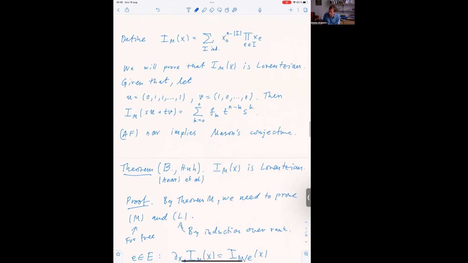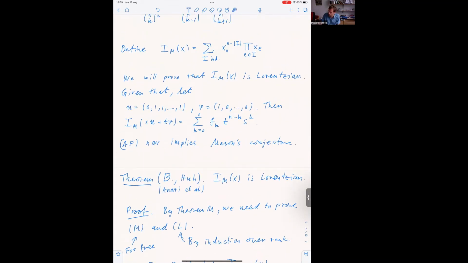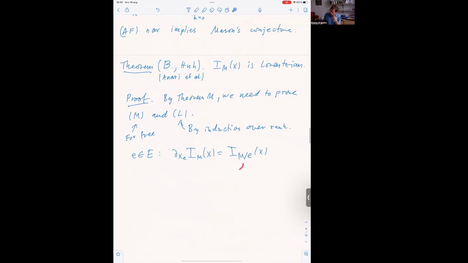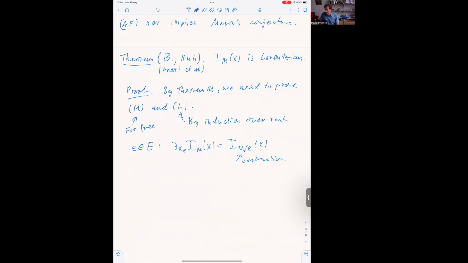Since if we take the derivative with respect to x_e here, anything that doesn't contain x_e will disappear. And we sum over all I that contain e, but then we take away e. And this is the definition of the contraction, right? So this is the contraction.